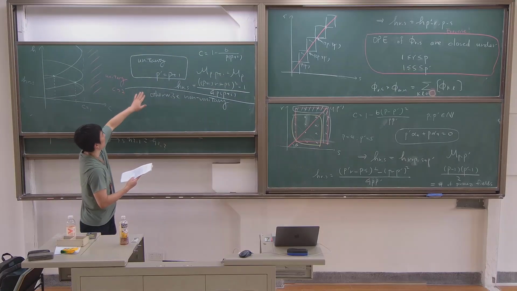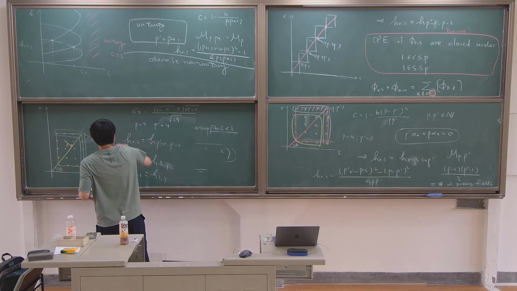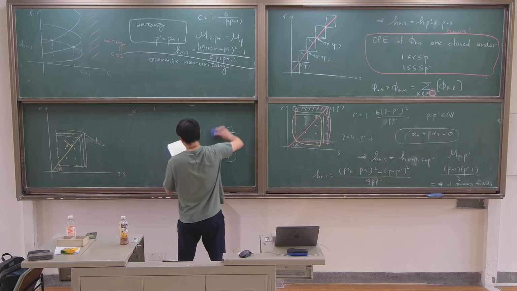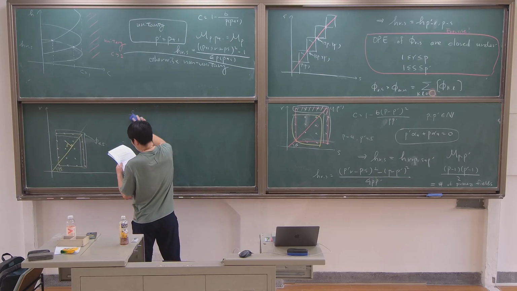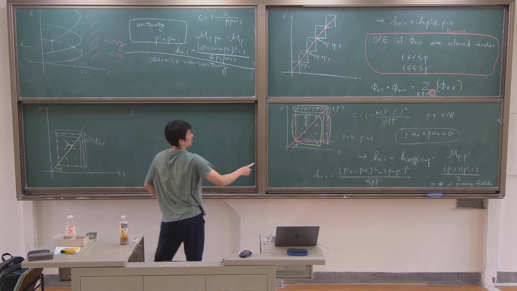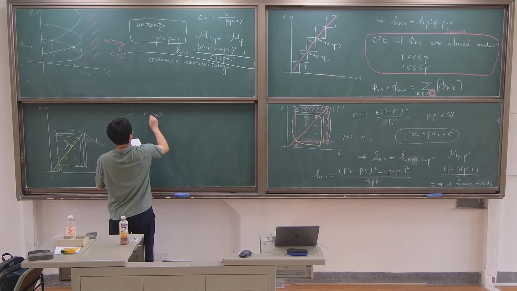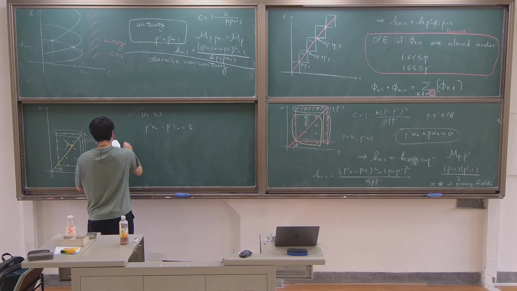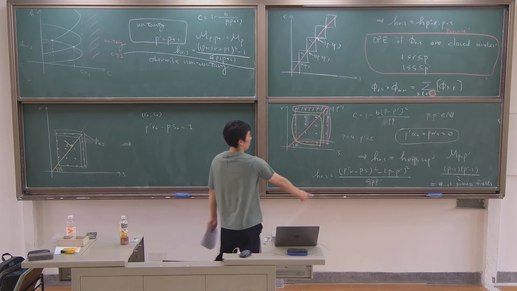I mean, this one can be shown as follows. For instance, if you consider this yellow range, if you consider R0, S0 in this yellow range, such that P prime R0 minus P S0 equals 1, then from this formula, this is equal to 1.